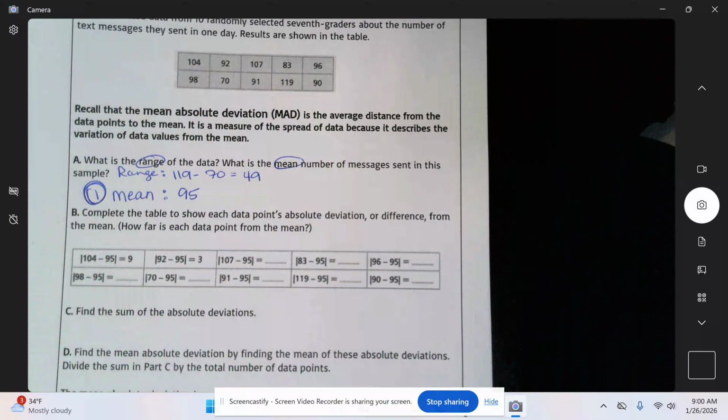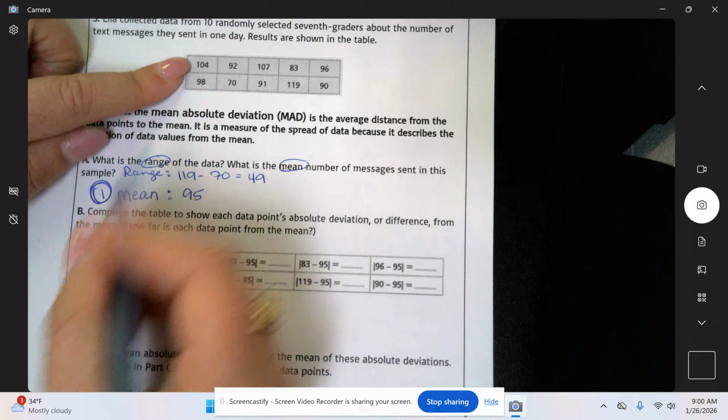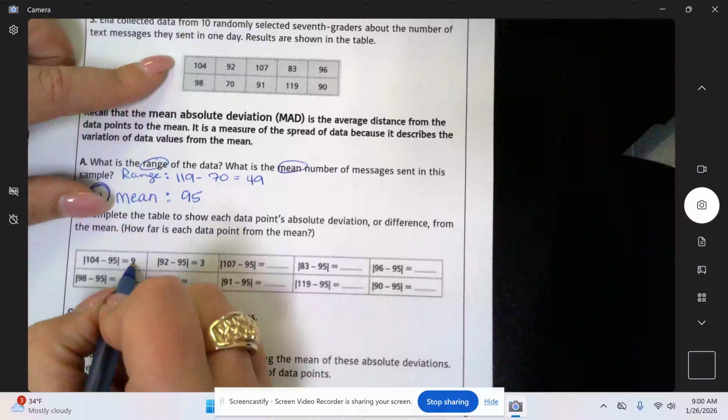Step 1, find the mean. Step 2, you want to subtract the mean from each data point, and you want to take the absolute value. What does absolute value mean? Absolute value is always positive. So I'm going to take 104 and subtract the mean, and I get 9.